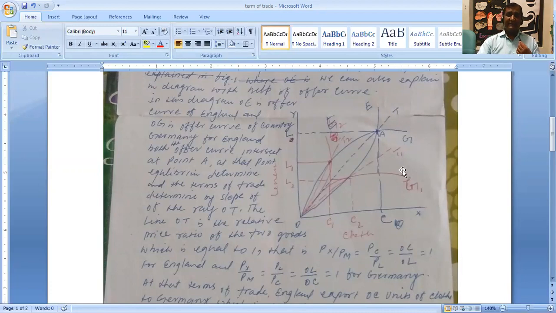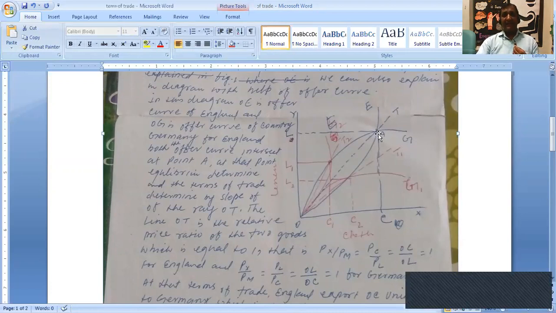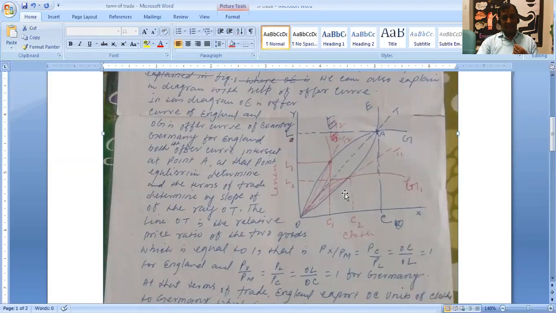Both intersect each other at the equilibrium point A, that is the rate at which both countries agree to exchange goods and services between them. But the actual terms of trade depend upon the elasticity of demand.